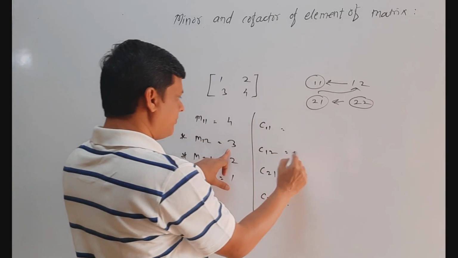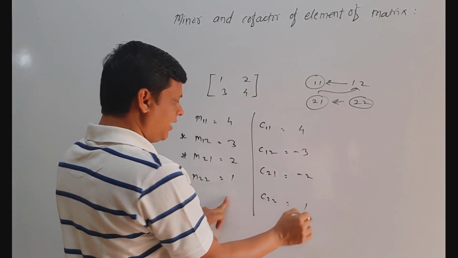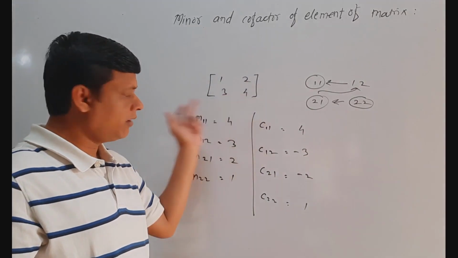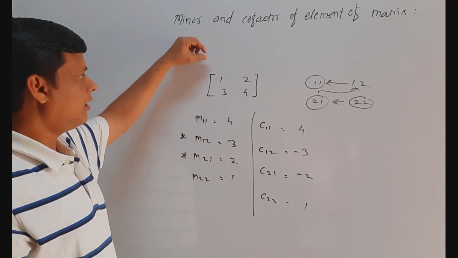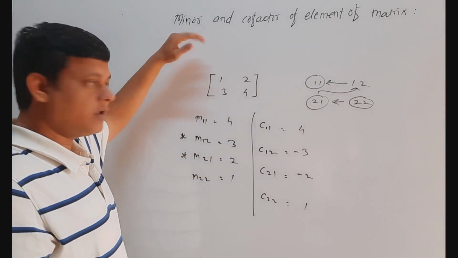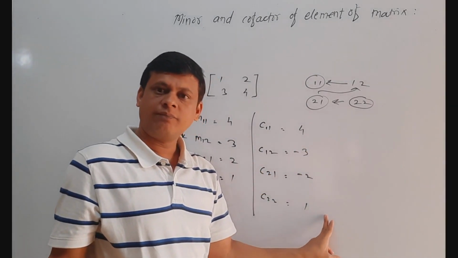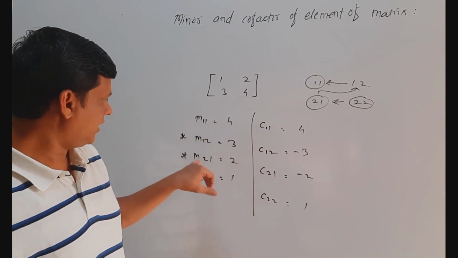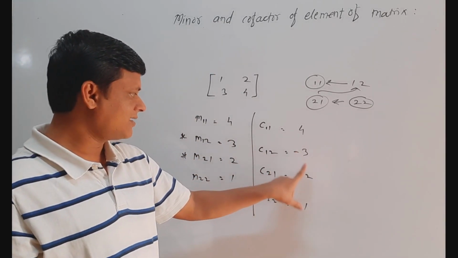So we write here -3, -2 and keep this 4 and 1 as it is. So in this way, first we write the elements of given matrix in the reverse order that are the minor of that given matrix elements, and for writing the cofactors we have to change the sign of these two, that is for minor m12 and m21. So we write here -3, -2.